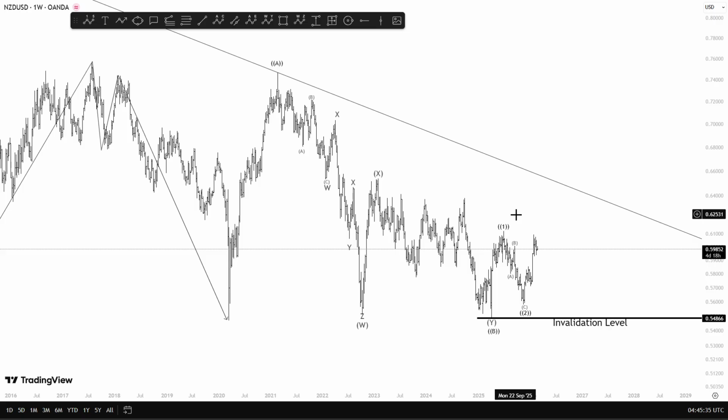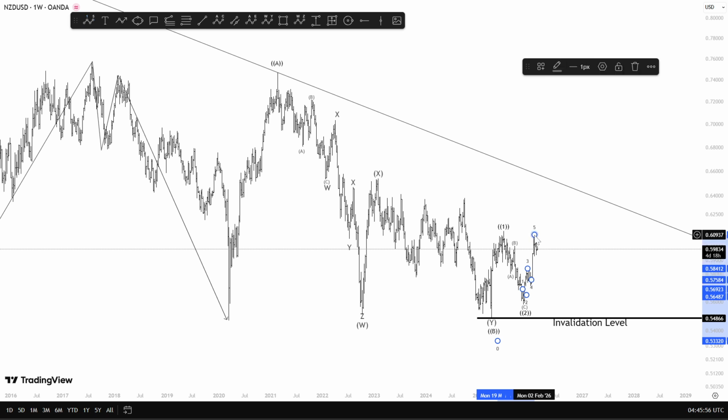After that, we have another impulsive wave, and this impulse is called a leading diagonal impulse: 1, 2, 3, 4, and we ended it with 5.